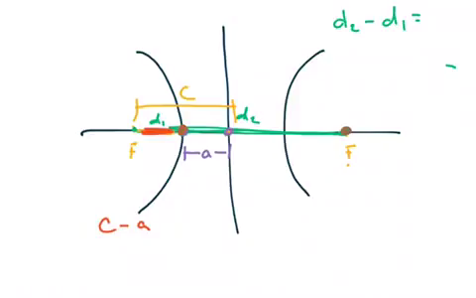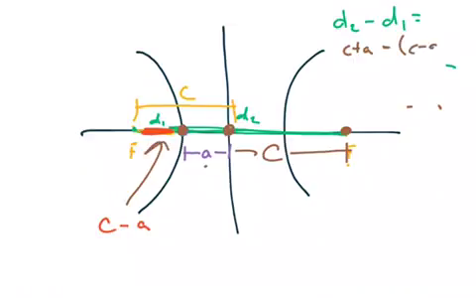The distance of D2 is from here all the way to here. From here to here is C, and then the distance from the center to this point here is A. So D2 is C plus A. The distance of D1 is going to be C minus A. What is this equal to?